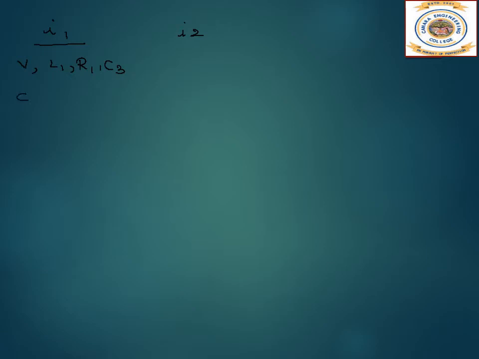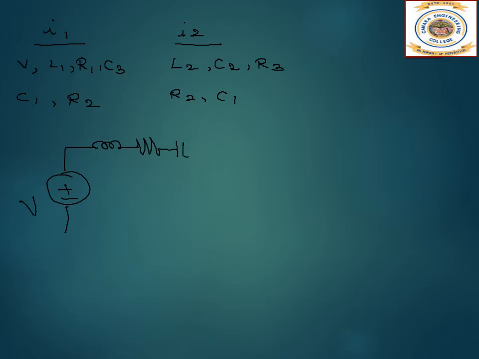Then in between we have C1 and R2. In I2, what do we have? Only in the loop we have L2, C2 and R3. In between the loops we have R2 and C1. So let us just draw this. First we have the voltage V. Then in this we have L1, R1 and C3.